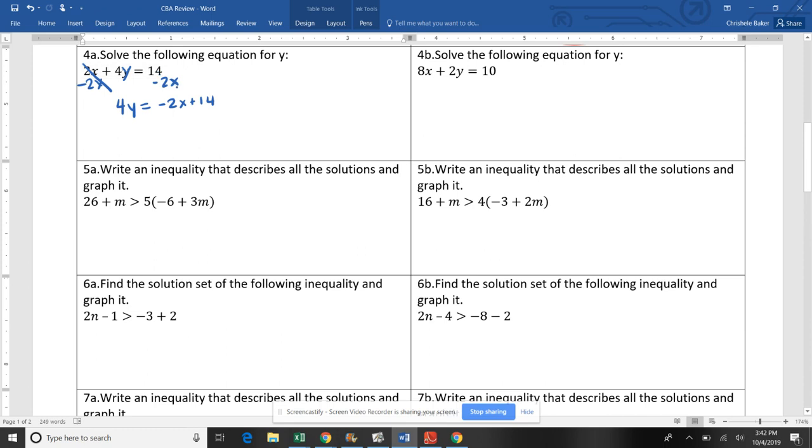So I just have to write them next to each other. I could write 14 minus 2x, or I can write negative 2x plus 14. It's the same thing. Again, 4y means 4 times y, so I'm going to divide both sides by 4.